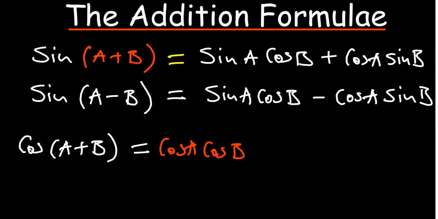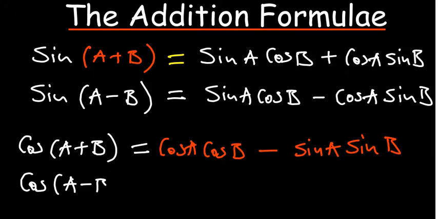And then the sign changes in between. Again, you apply sine to both A and B, sine A, sine B, respectively. This is the difference between the sine and the cosine addition formula. So if you consider a negative sign in between, you expect that the sign will be the opposite.